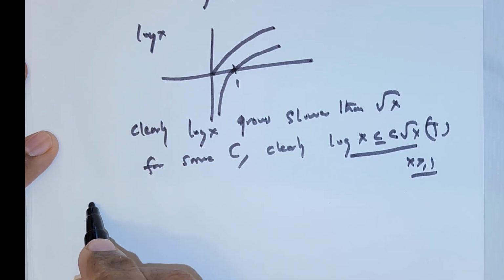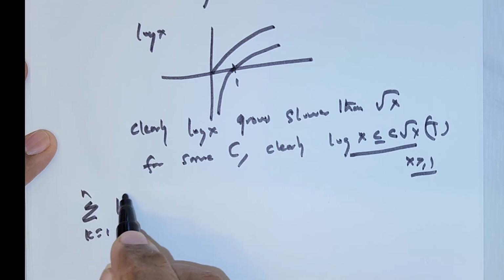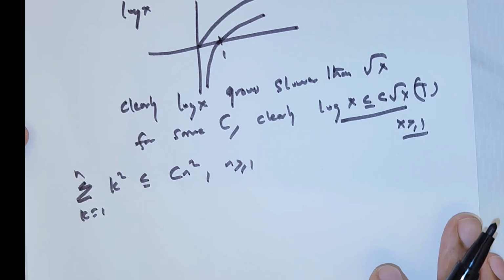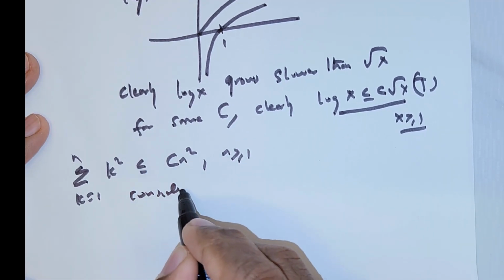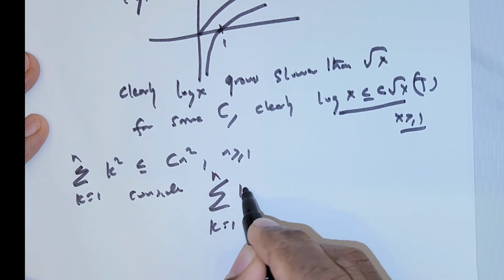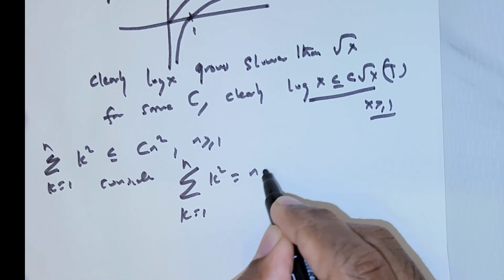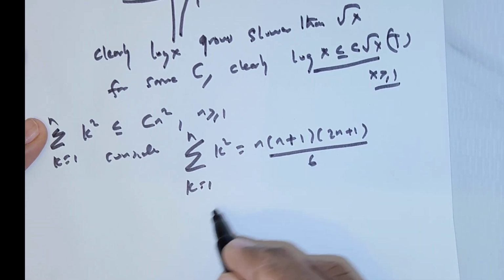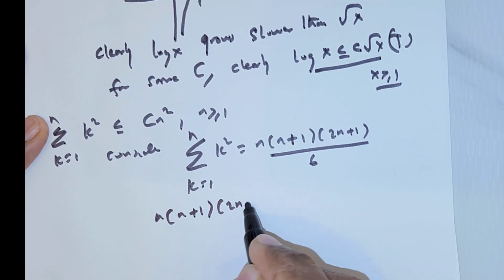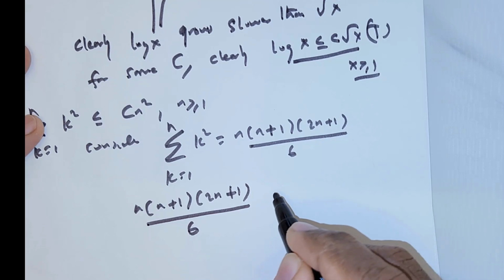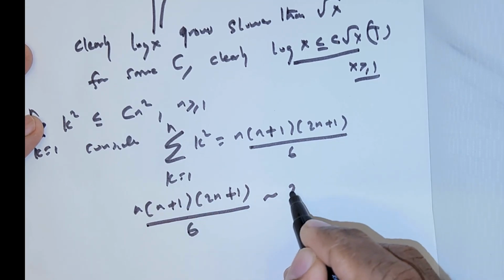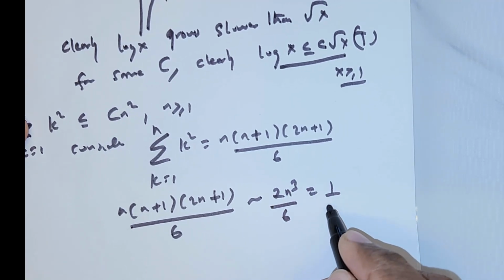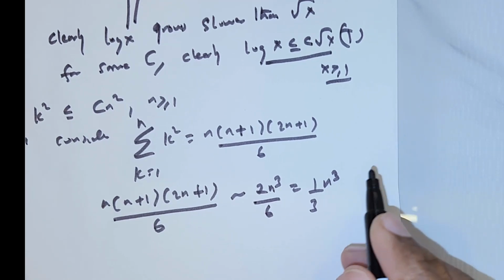So the second statement is given as sigma k equals 1 to n, k squared is less than or equal to c times n squared for n greater than or equal to 1. Now consider sigma k equals 1 to n of k squared. Now this is equal to n times (n plus 1) times (2n plus 1) divided by 6. Now this is approximately equal to 2n cubed over 6, which is equal to 1 over 3 n cubed.